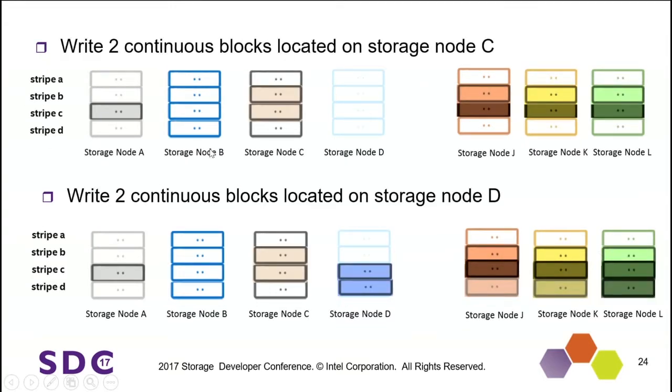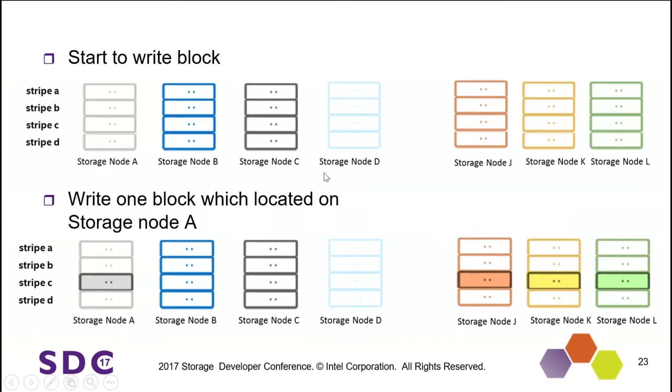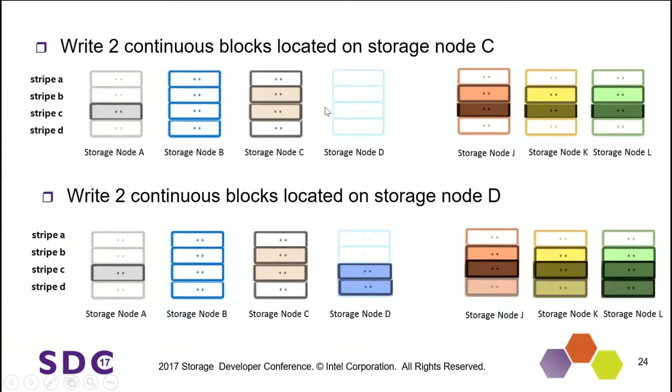When writing two sequential blocks whose index belongs to storage node C, we store two continuous blocks in C. Parities for the block in stripe B are empty, so we just copy block B into the parities.